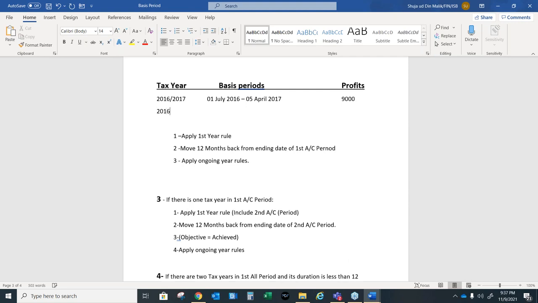The next will be 2016-2017. And here the basis period will be 1st July 2016 till 30th June 2017.